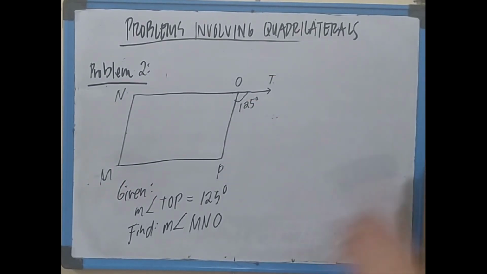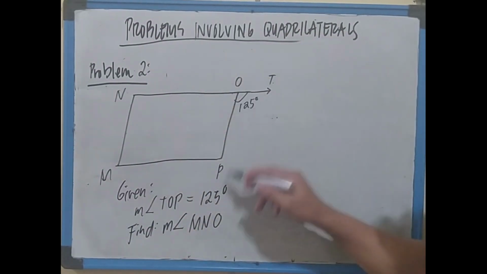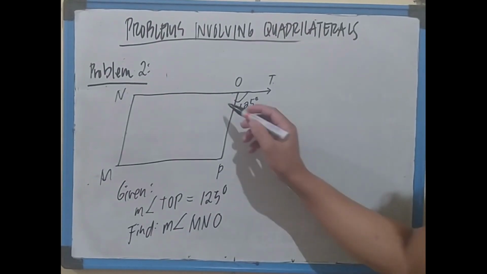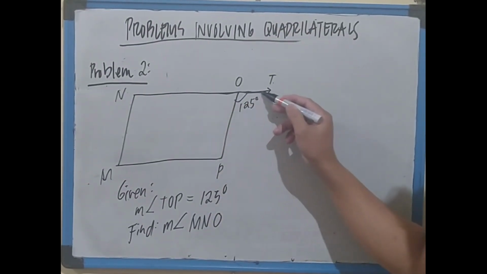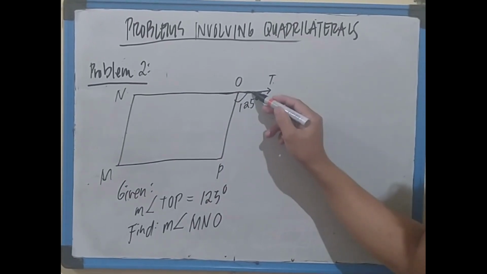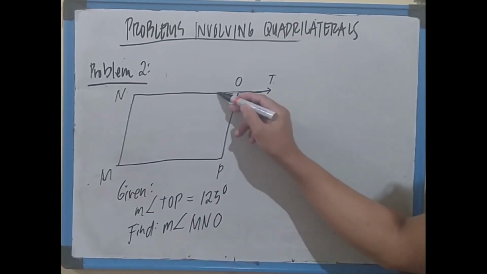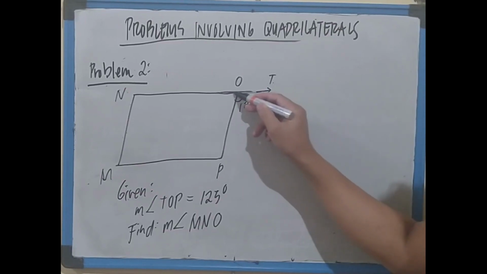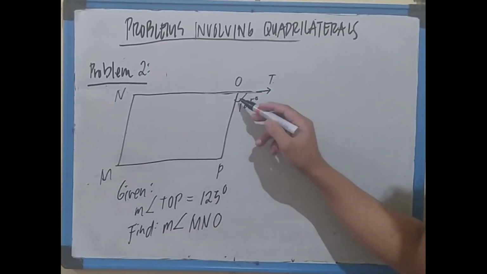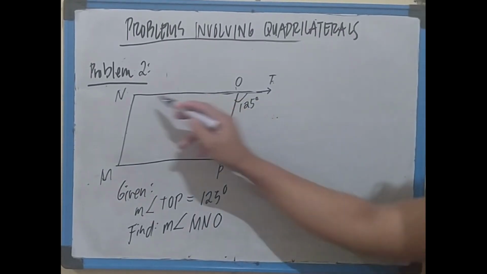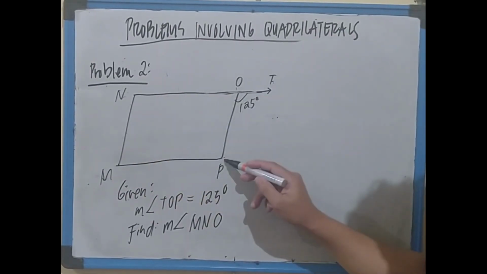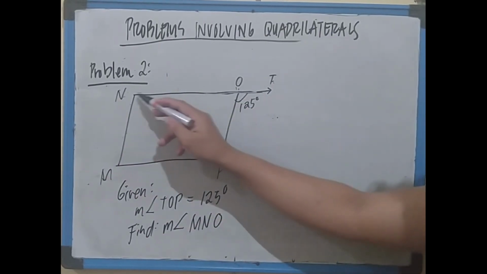Okay, so since this is a parallelogram, let's say for example, MNOP and T. Since ganyan po ang sukat niya, itong angle na nandito guys, so this is 125. As you can see, this is a straight angle, no? Ito yung nasa taas.